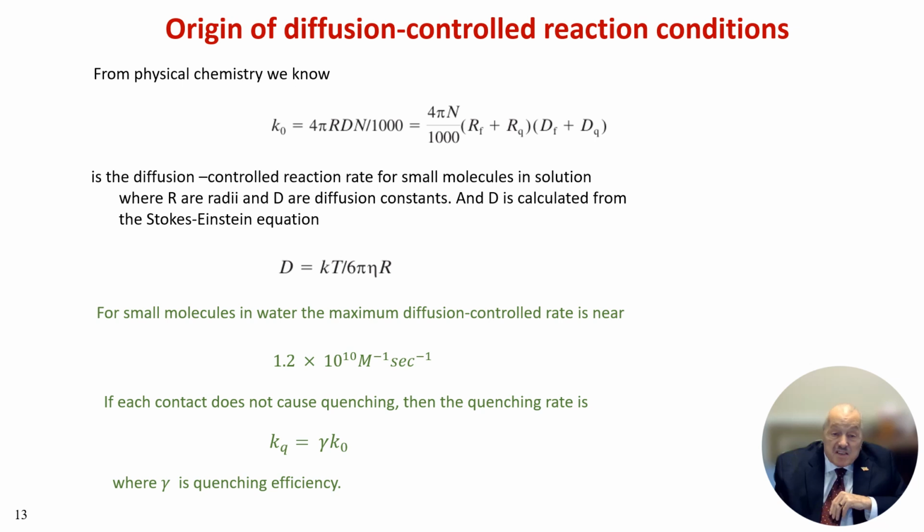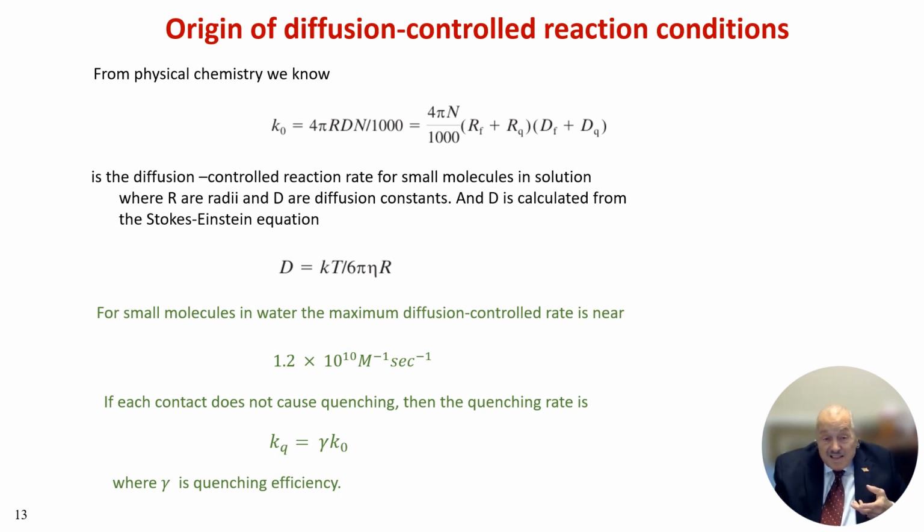That is that, but actually the quenching rate includes another factor. It turns out oxygen is 100% efficient in quenching, but there are many times where the quenching is not completely efficient. So the fluorophore can contact the quencher, and it is not necessarily returned to the ground state.